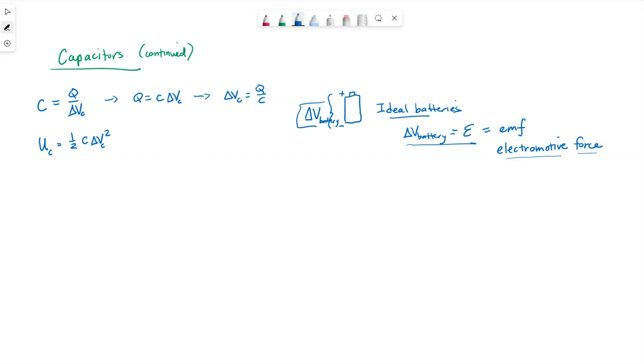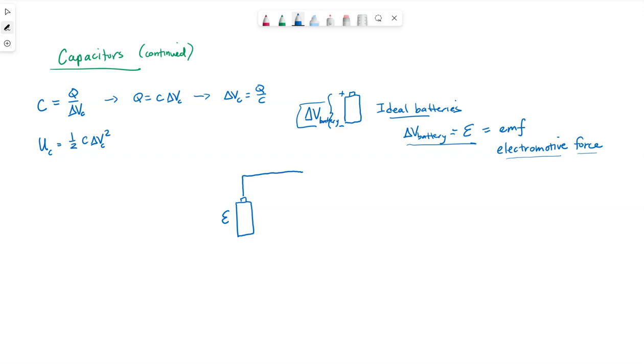And so we will sometimes see battery voltages written as a delta V. Sometimes we will see them written as this epsilon looking figure. When I take a battery, I'm going to label this epsilon.